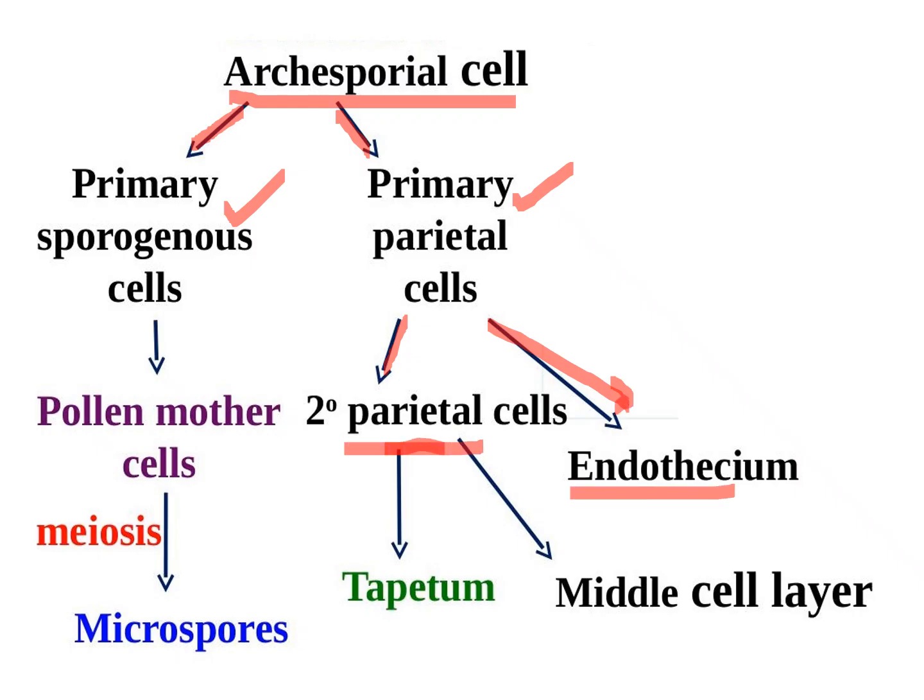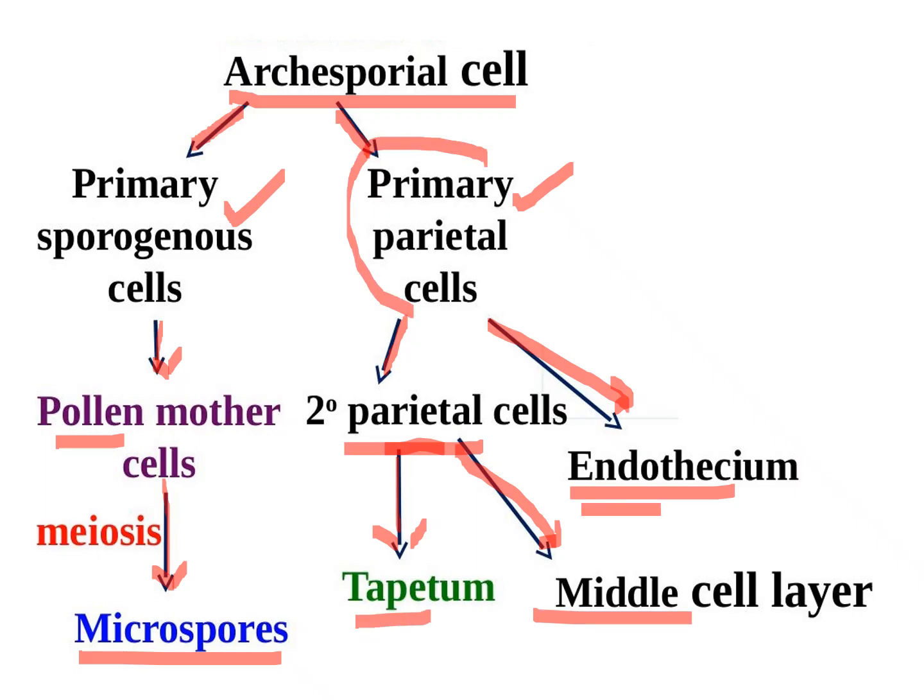The secondary parietal cells divide to form middle layer and tapetum, and the primary sporogenous tissue undergoes division to form pollen mother cells, and pollen mother cells undergo meiosis to form microspores. So, the tapetum, middle layer, and endothecium are derived from primary parietal cells.